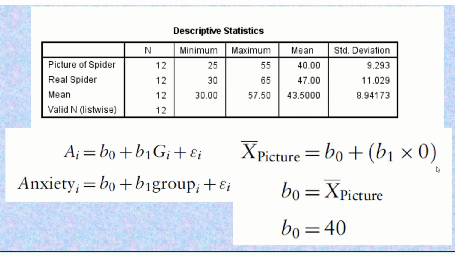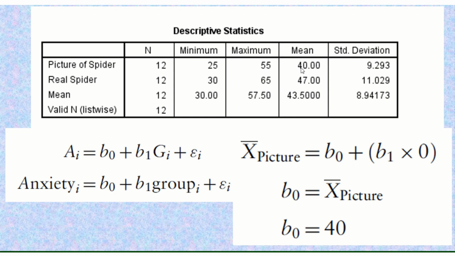So we have 0 over here. So b sub 1 times 0 is 0. So what will remain in our equation will be the mean of the picture and the b sub 0. Now, going back, looking here, the b sub 0 is also equal to the mean of the picture.